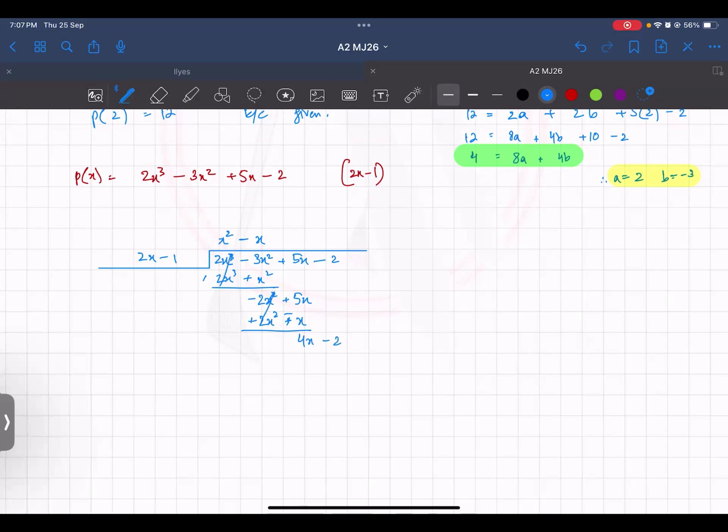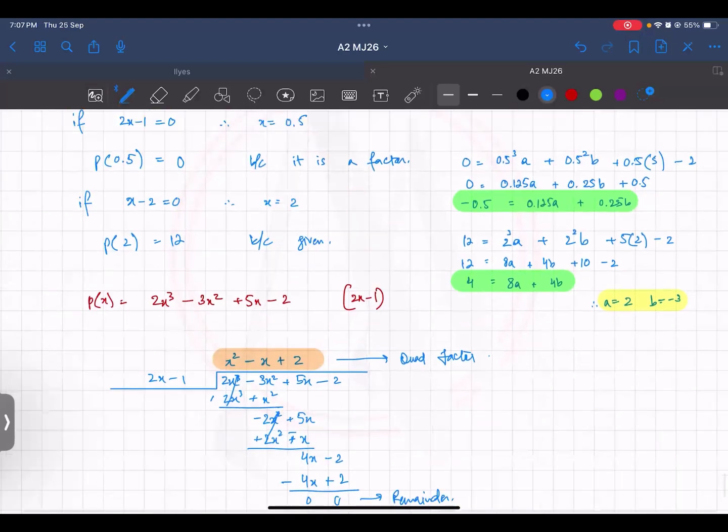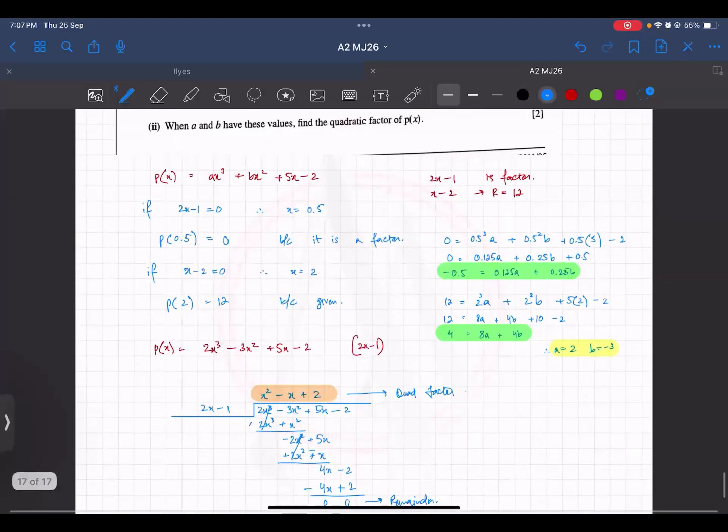And this would now be multiplied with plus 2. So 4x minus 2, change the sign. So 0, 0. Your remainder is coming out as 0, because you are dividing with the factor. And this is the answer to your last part. This is your quadratic factor, the other quadratic factor. Okay. Any questions?